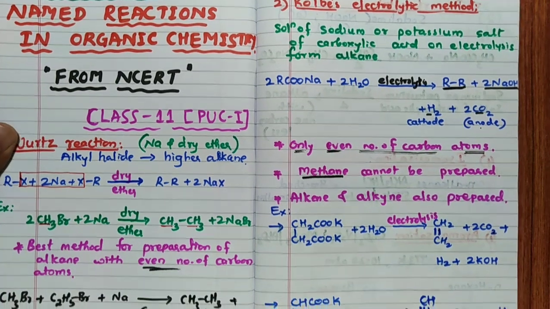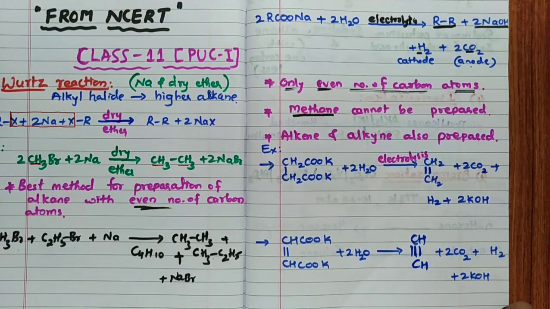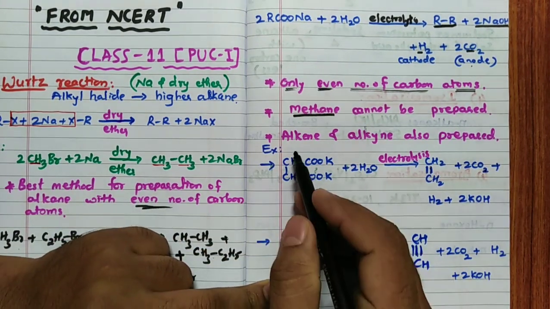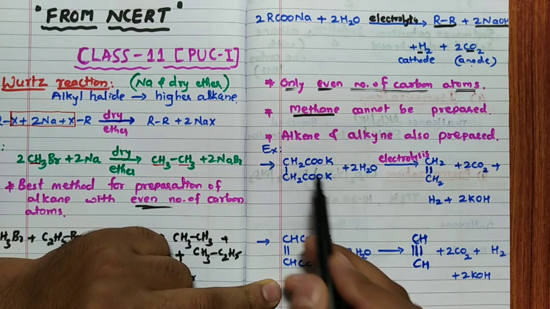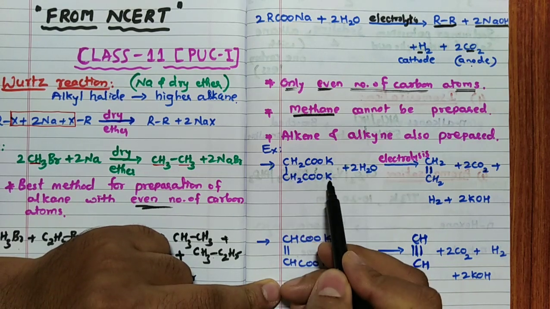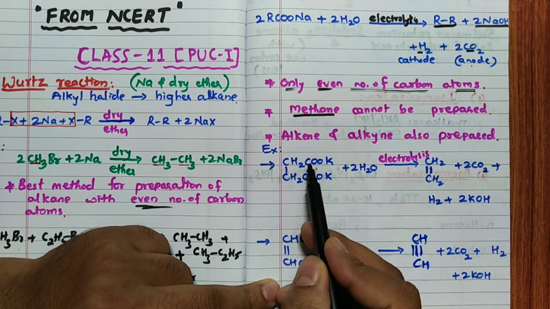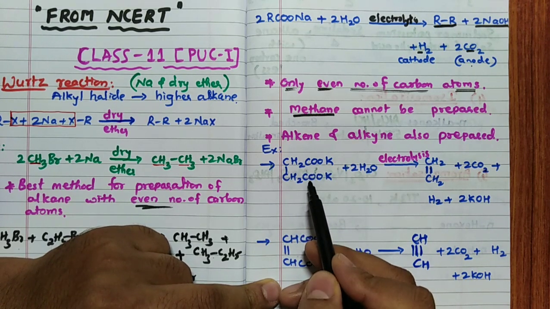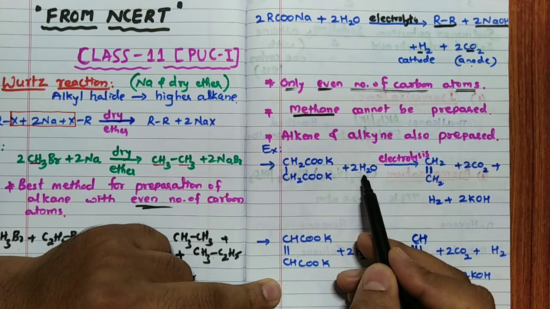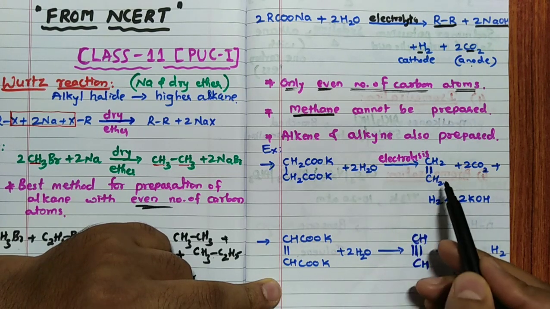Then from this, remember, alkene and alkyne also can be prepared. How are alkene and alkyne prepared? To prepare alkene, you have to take CH2COOK, CH2COOK, such type of compounds, remember. So you have to consider a dicarboxylic acid salt in water, and after electrolysis you are going to get a double bond.